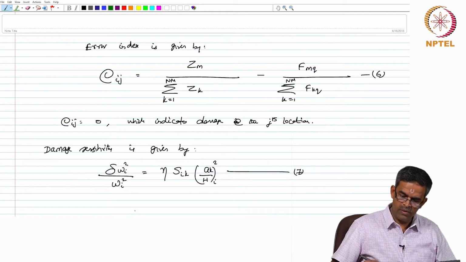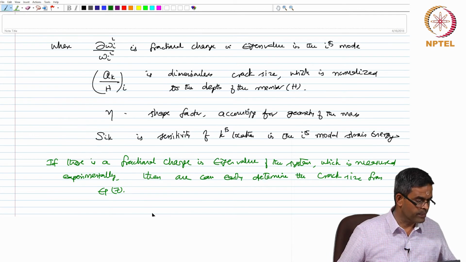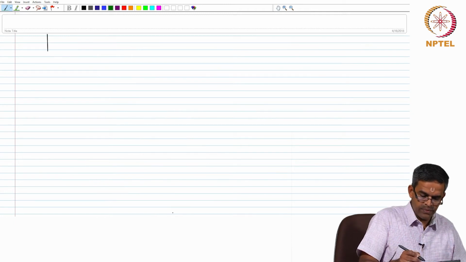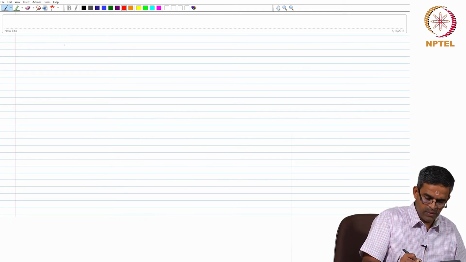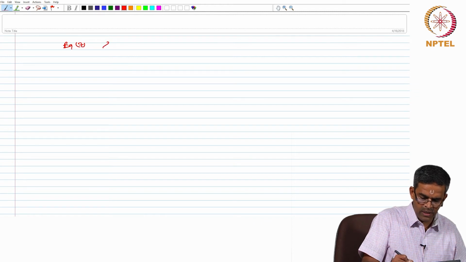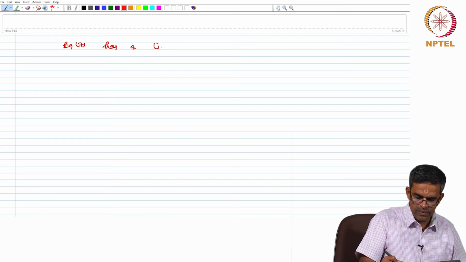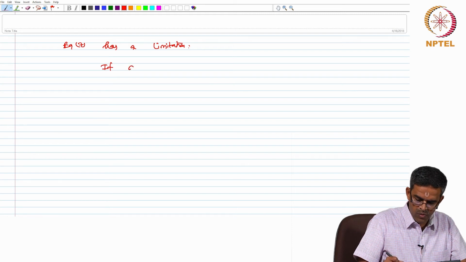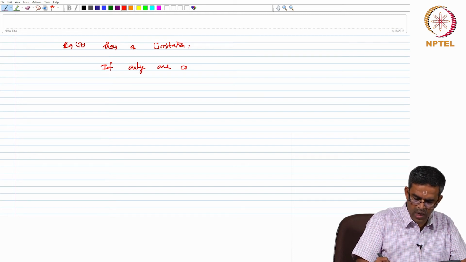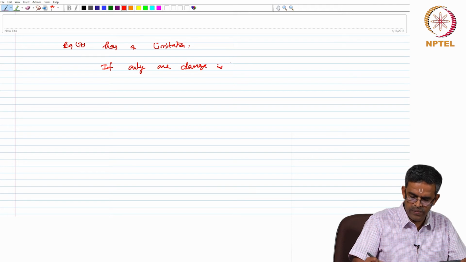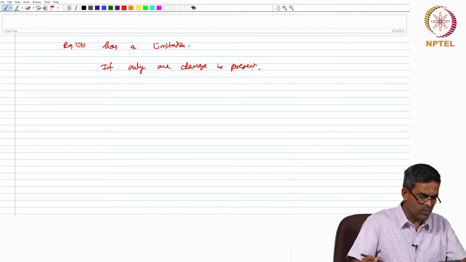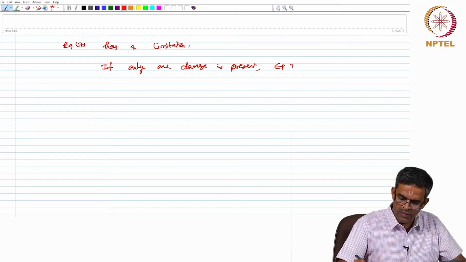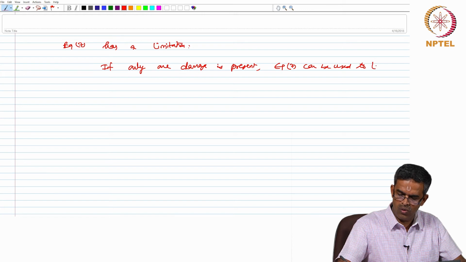Equation 7 is this value, but this equation has a limitation. If only one damage is present, equation 7 can be used to locate the damage.